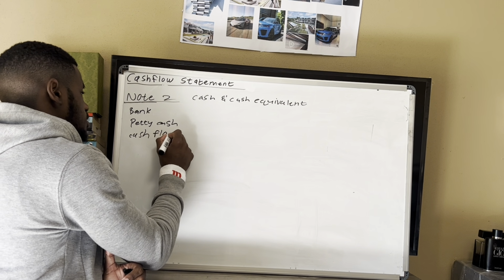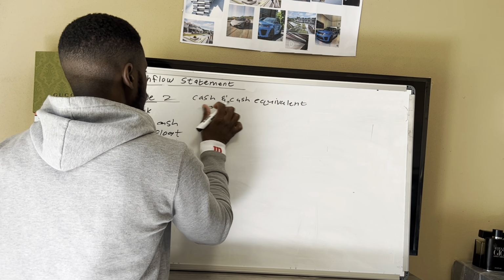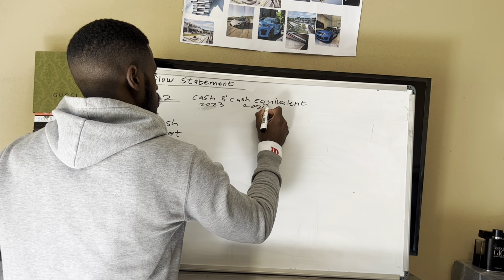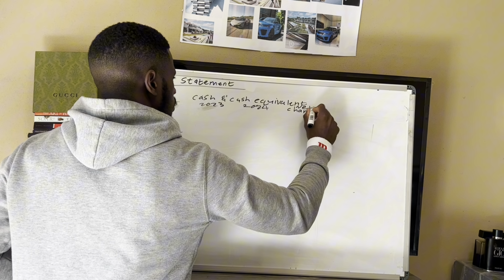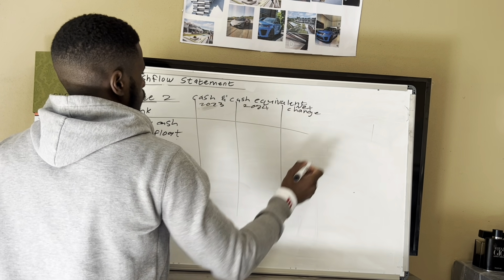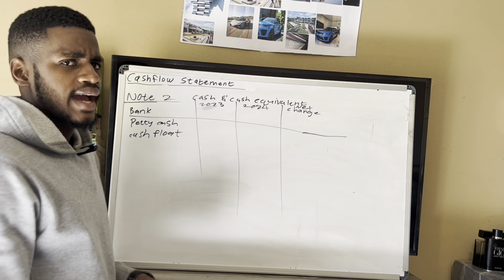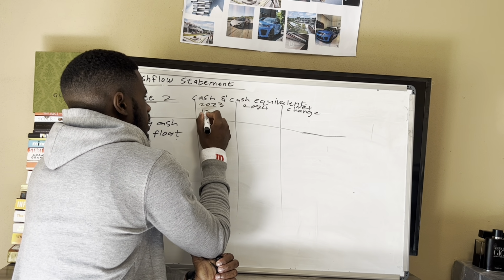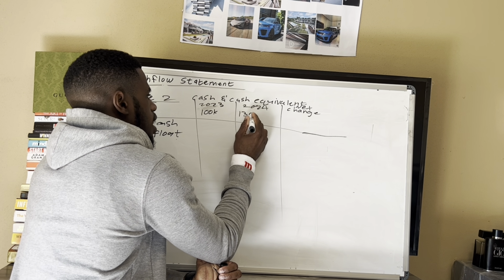So remember balance sheets. Let's just say we have 2 years here. We have 2023, 2024, net change. Let's say our bank account last year at the end of the year was 100,000, and this year it is 130,000.